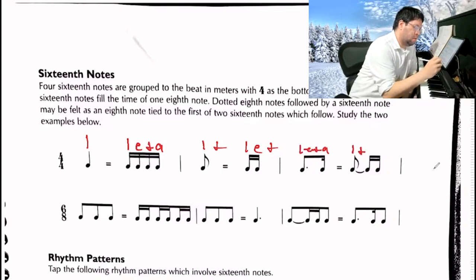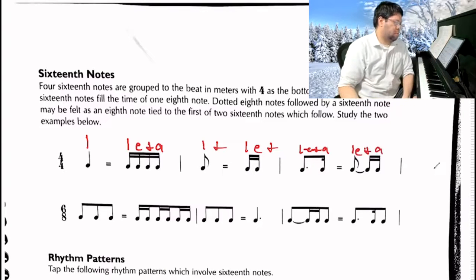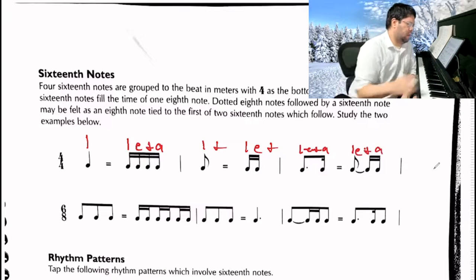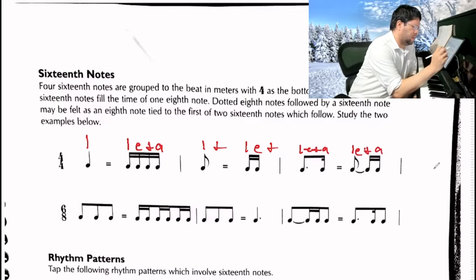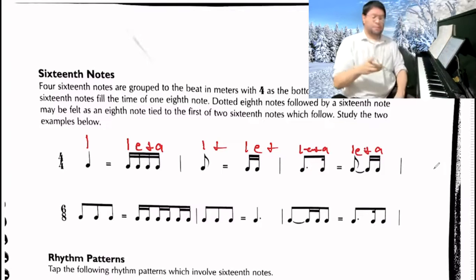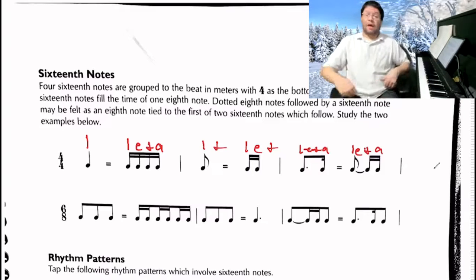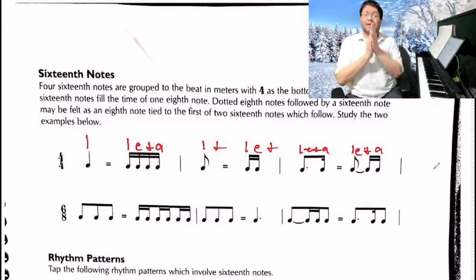The way we clap that one is going to be 1 E and.